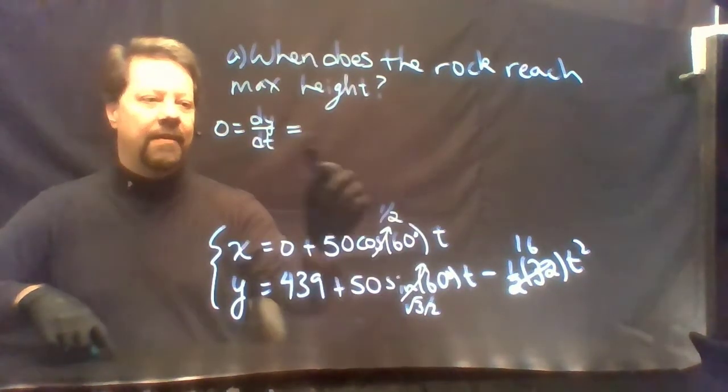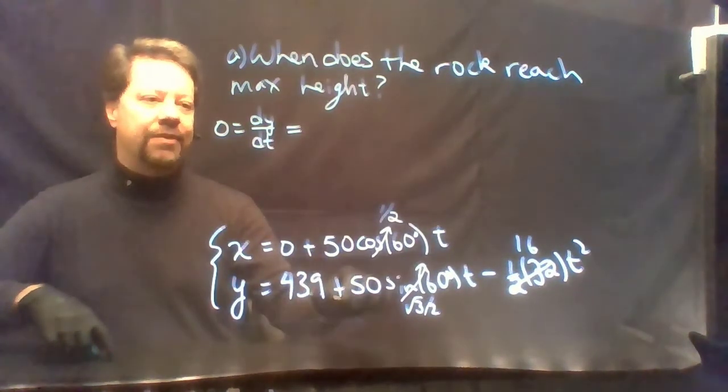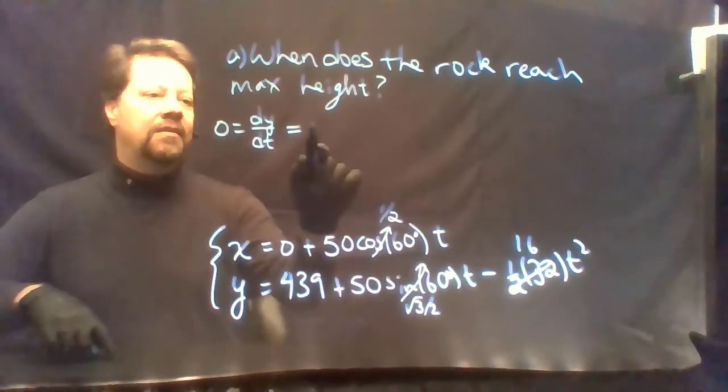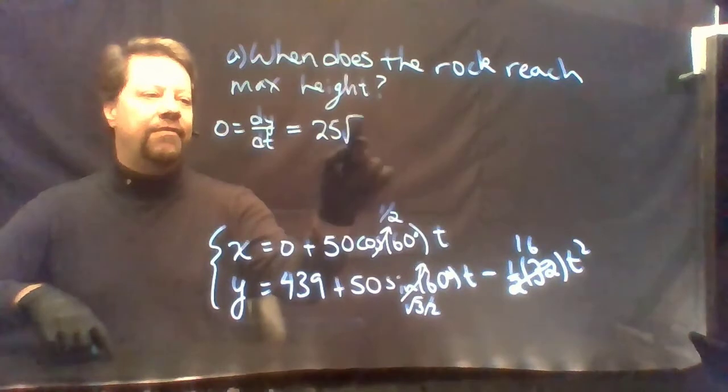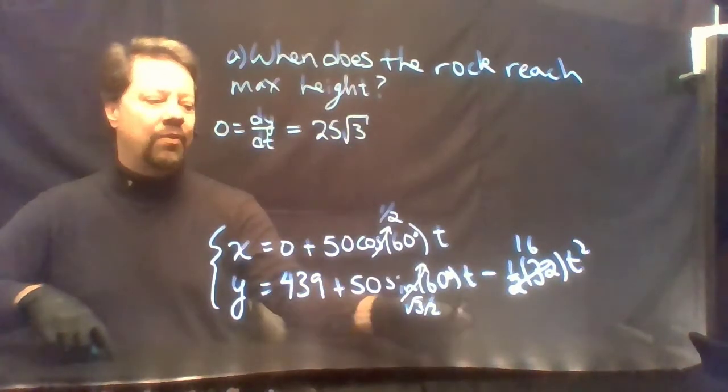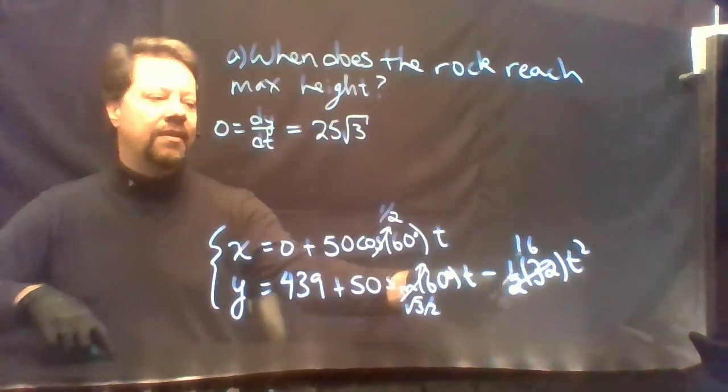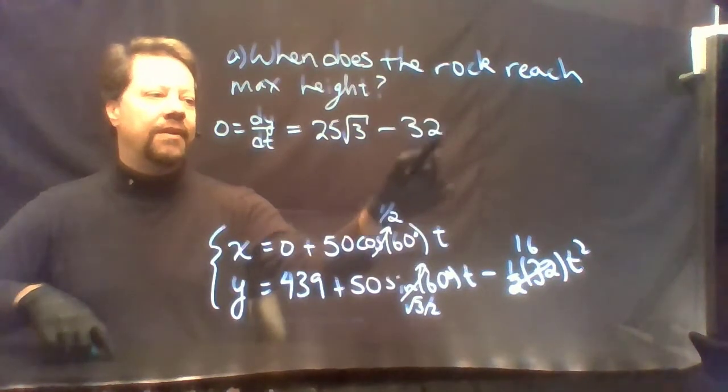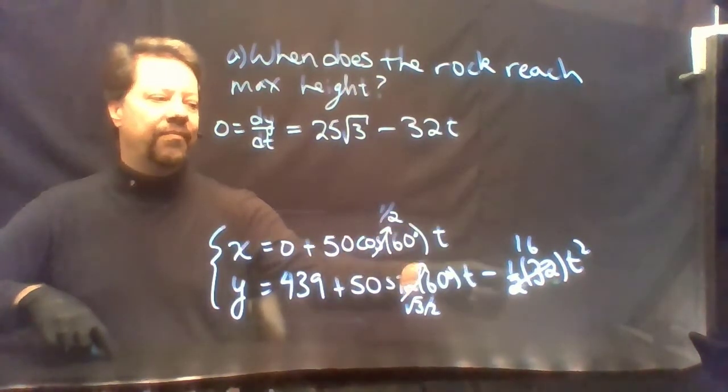√3/2. So calculating the derivative of y with respect to time, we get 0, and then 25√3 times 1 minus 32t.